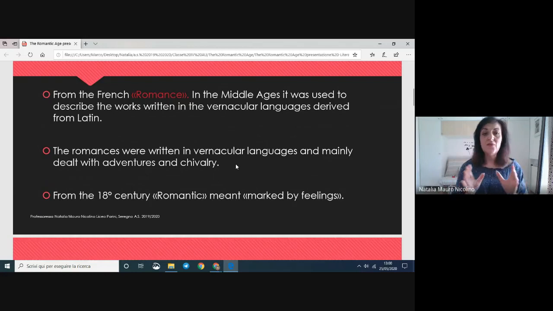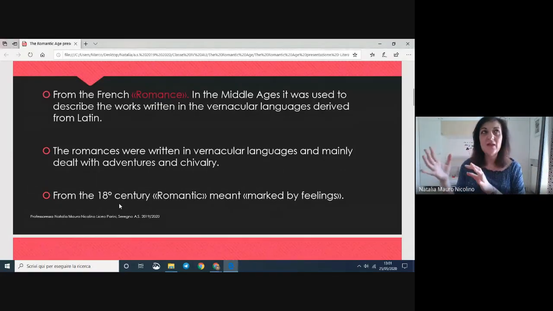Then, from the 18th century, the word romantic, which came from the French romance, started to mean marked, characterized by feelings. What century was the 18th? It was the century of the Enlightenment, of the triumph of reason.